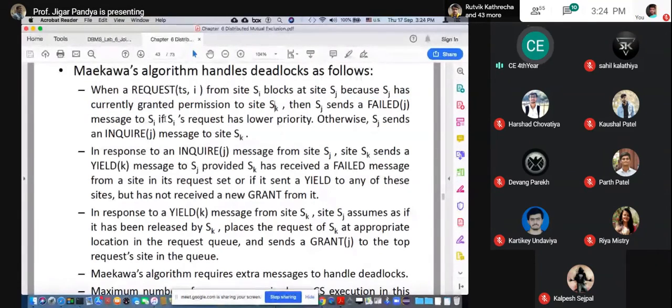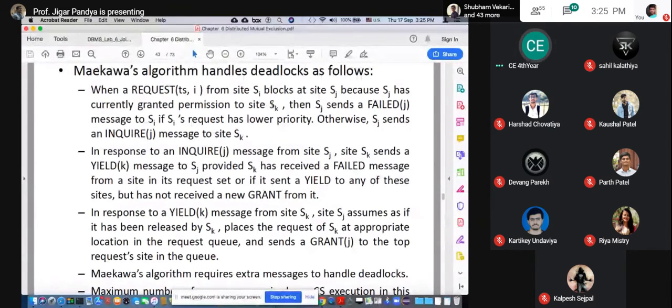But when will it send a failed message? If Si has a low priority. Basically, I repeat, Sj has already given permission to Sk.